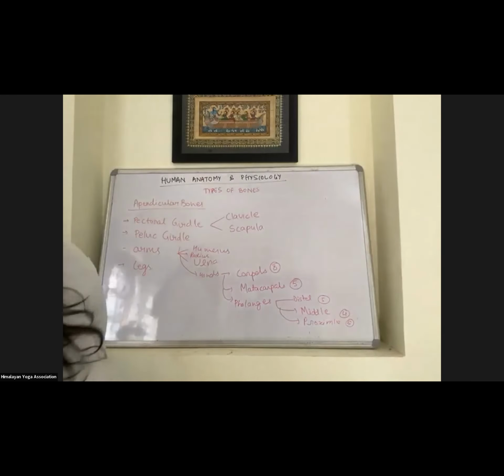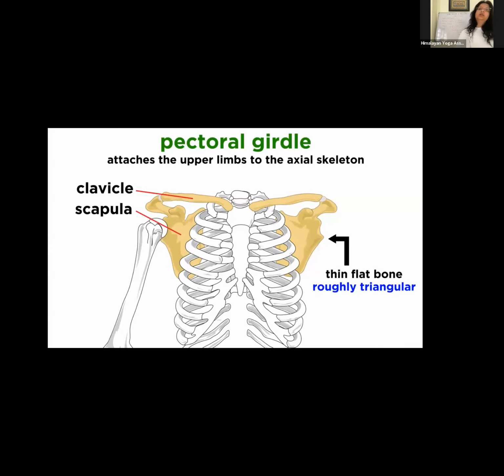Okay, so let's look at the picture of your pectoral girdle. Yes. So here we see pectoral girdle attaches the upper limb to the axial skeleton.